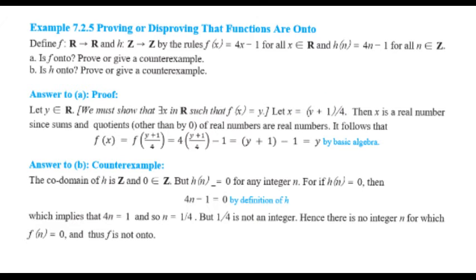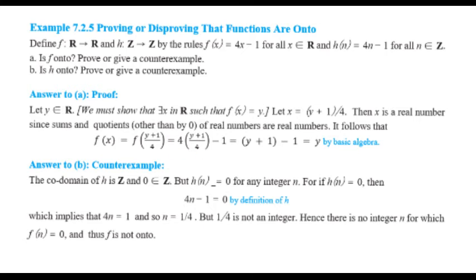So if x is chosen as (y plus 1) divided by 4, then you can see that f of x is equal to f of (y plus 1) divided by 4, based on using substitution, because x was this. And then since we have a rule for f of x like this, you can simplify f of (y plus 1) divided by 4 as this expression.